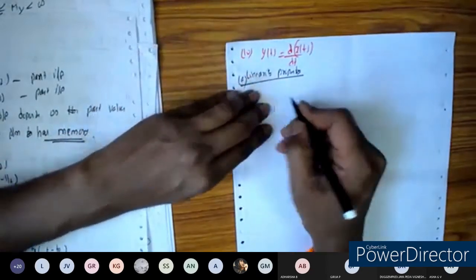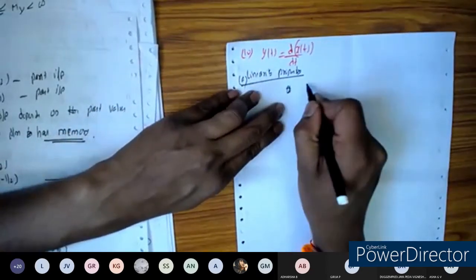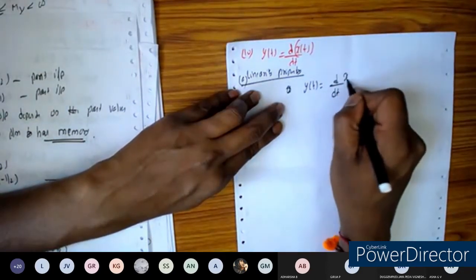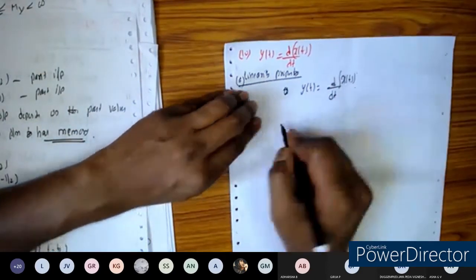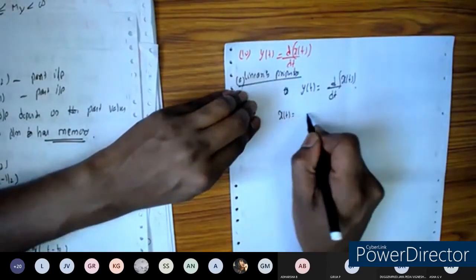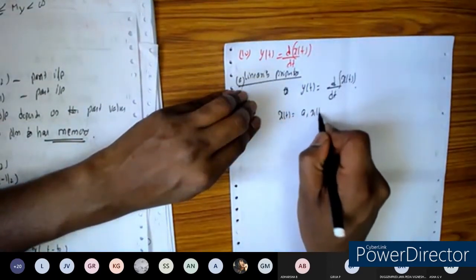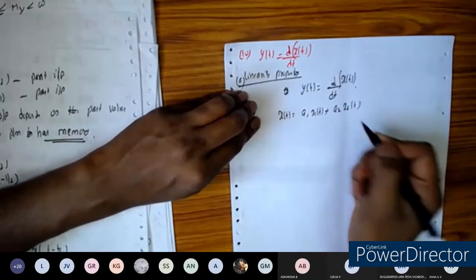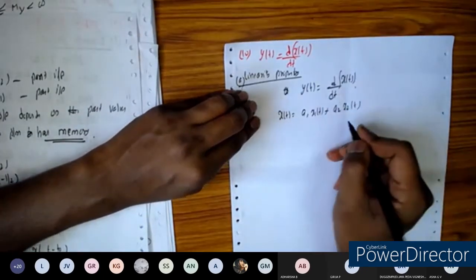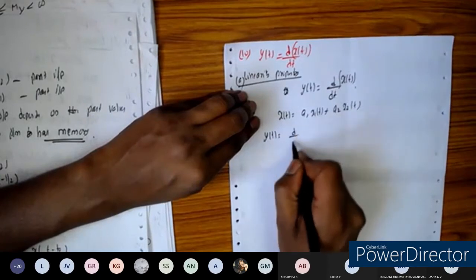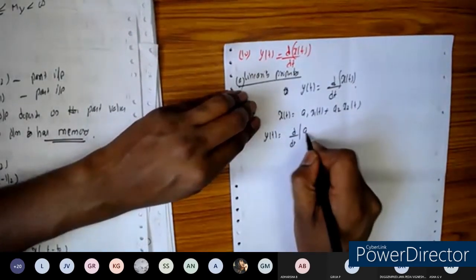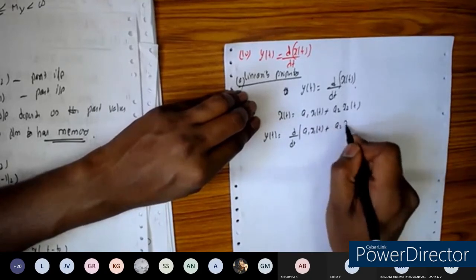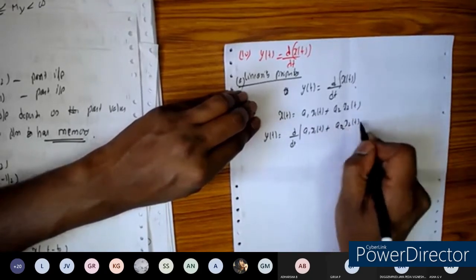Let us verify the first one here. Let us write the given system here: d by dt of x of t. Let us substitute x of t is equal to a1 into x1 of t plus a2 into x2 of t. So y of t will become d by dt of a1 into x1 of t plus a2 into x2 of t.